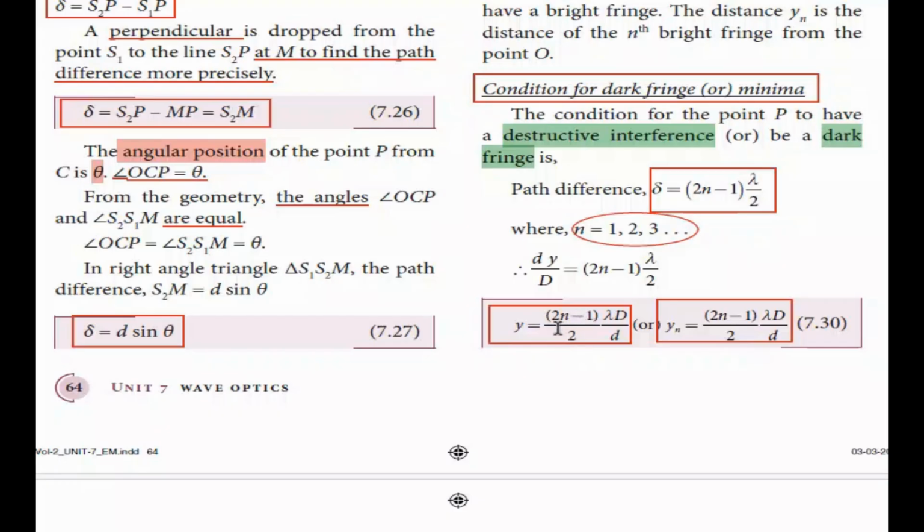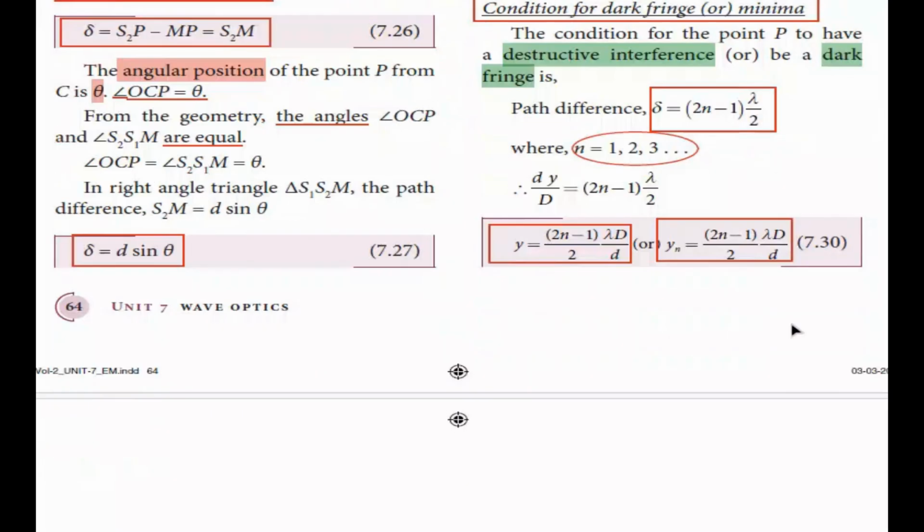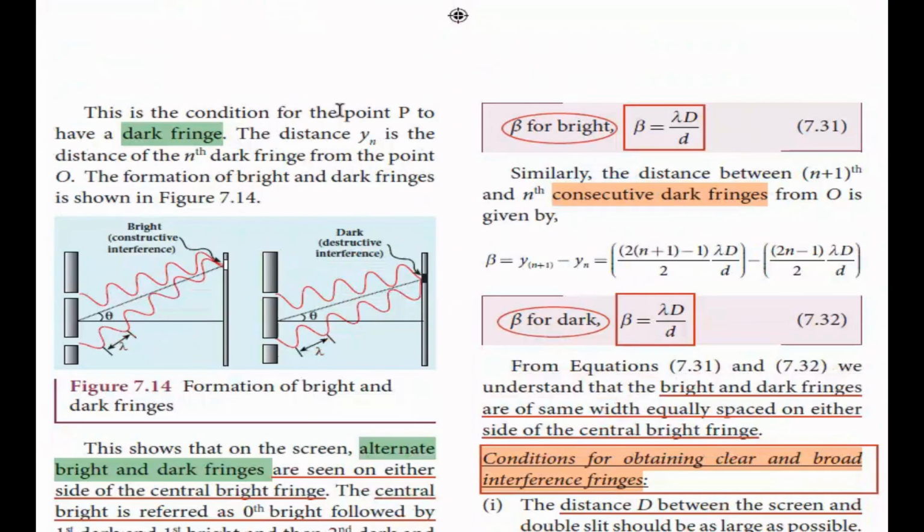So we can write this expression for the nth dark fringe as yn equal to 2n minus 1 by 2 into lambda D by d. So that is the condition for the point P to be a dark fringe. The distance yn is the distance of the nth dark fringe from the point O.